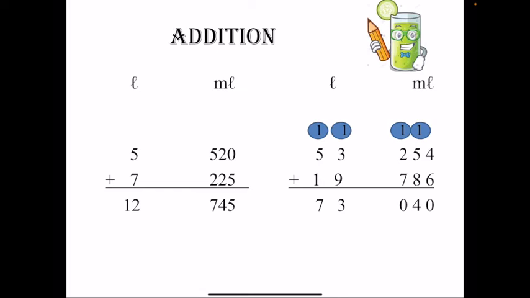What is 4 plus 6? You all know it is 10. So 0 I will write here and 1 I will carry. In the next column, I have 5 plus 8. 5 plus 8 plus 1 I have carried, and all these three equal to 14.